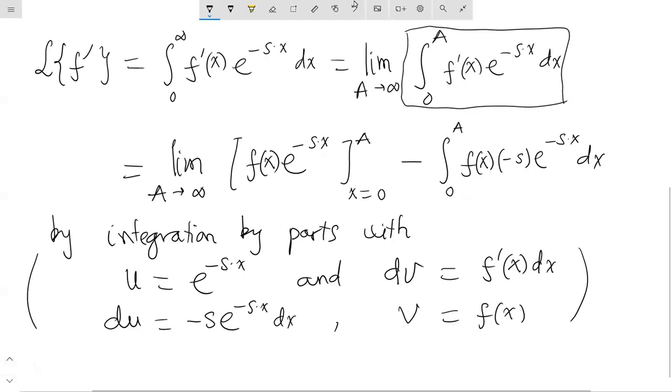Now let's plug x equal to a in the first expression right here. We plug x equal to a and then subtract x equal to 0. And we still have the limit a goes to infinity.